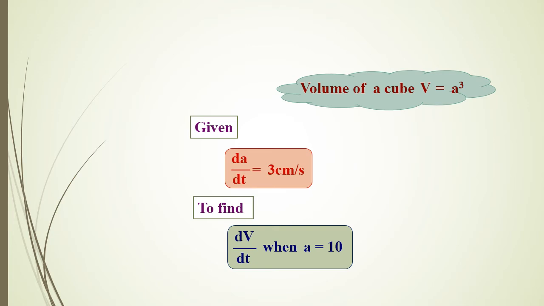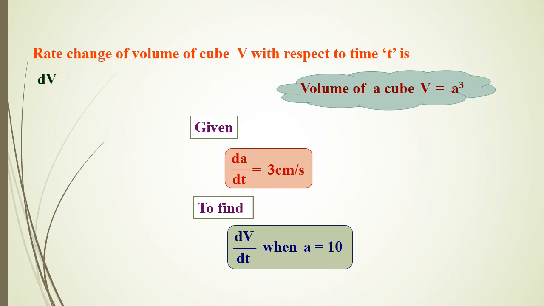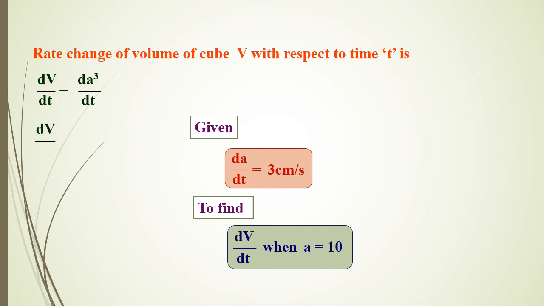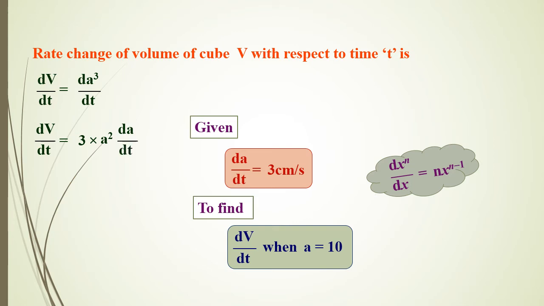Now differentiate V equal to A cube with respect to time. Therefore it can be written as dV by dt is equal to d by dt of A cube. Okay, next A cube differentiation with respect to time, 3A square into the differentiation of A, which can be written as dA divided by dt. So this is equal to 3 into A square dA divided by dt.